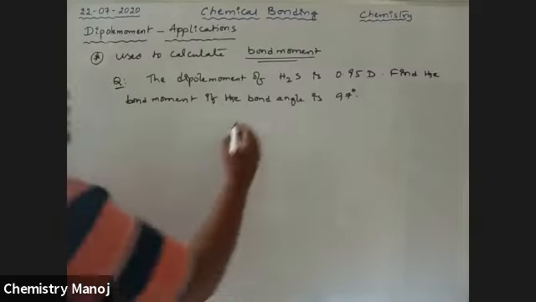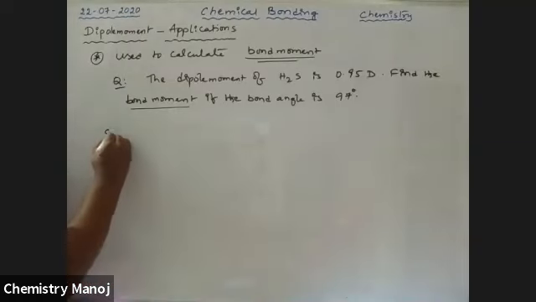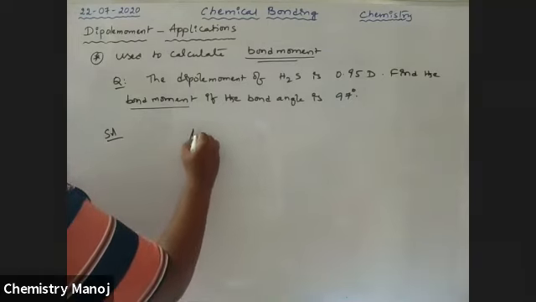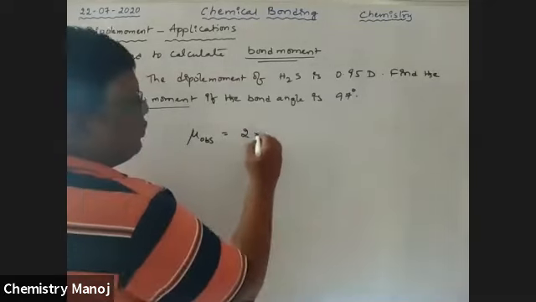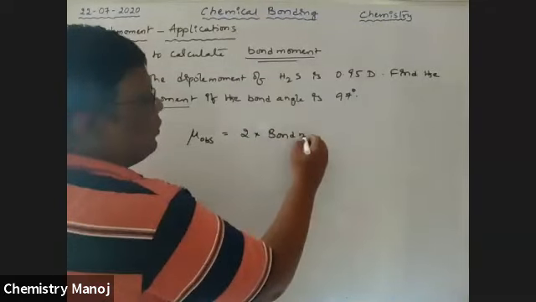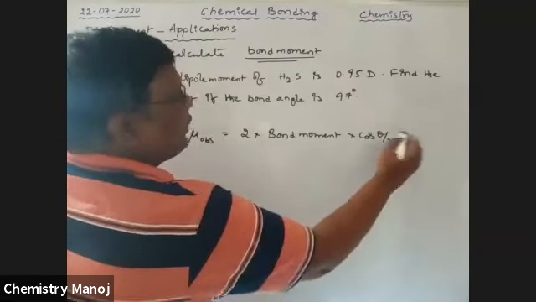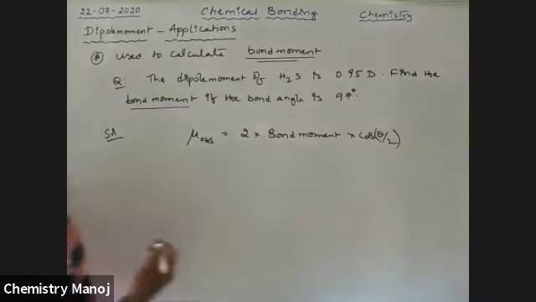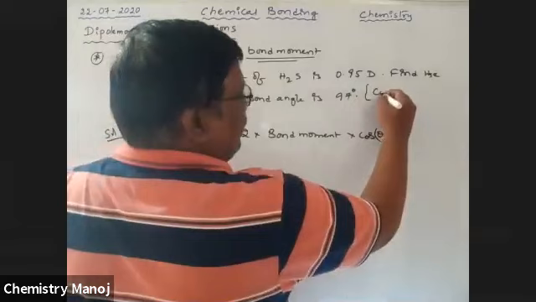So he wants to calculate the bond moment. Our solution is: mu observed, or given value, is equal to 2 into bond moment into cos theta by 2. This is the formula.